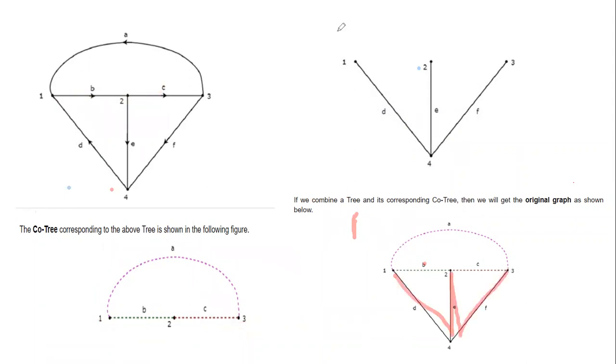Now if I bring one link, link number B, so this closed path is complete. If I bring back this link, then this closed path is complete. If I bring back this link, then this closed path is complete. The point here is each link will lead to one loop.